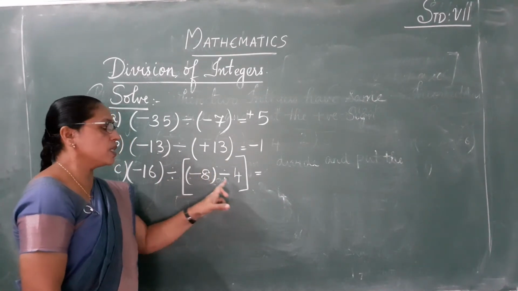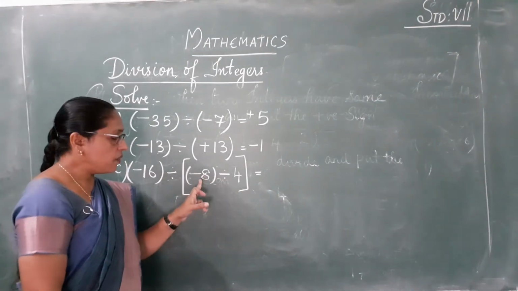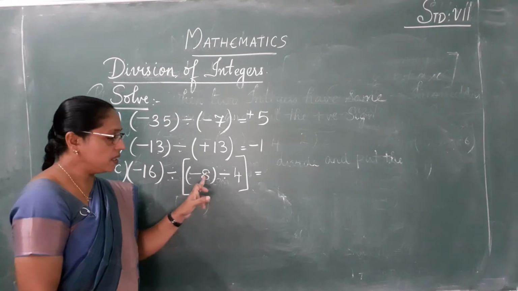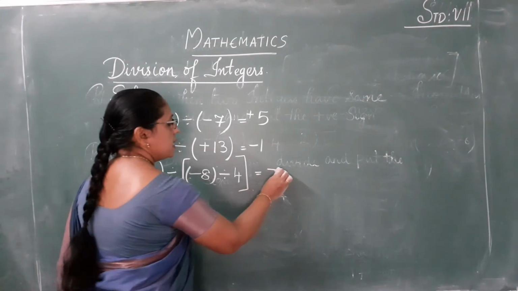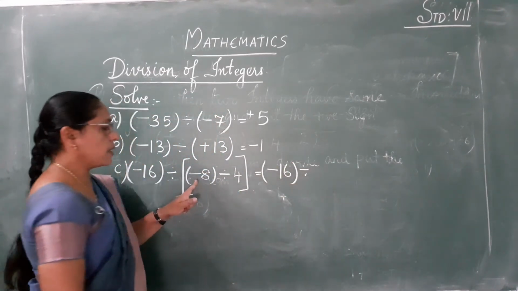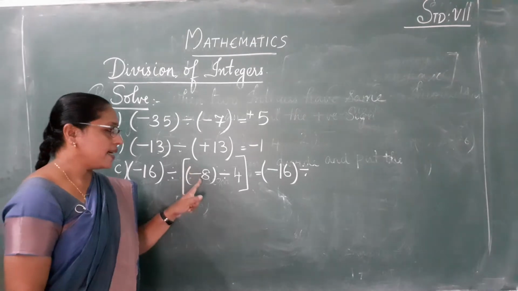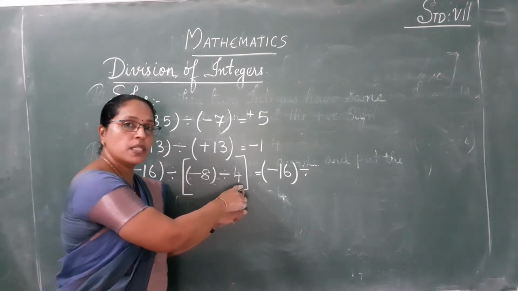Inside bracket, what is the operation? Yes, of course, the operation is division. So first we will do the division of the integers inside the bracket. So negative 16 divided by, first we are doing the division between negative 8 and 4, negative 8 and positive 4.